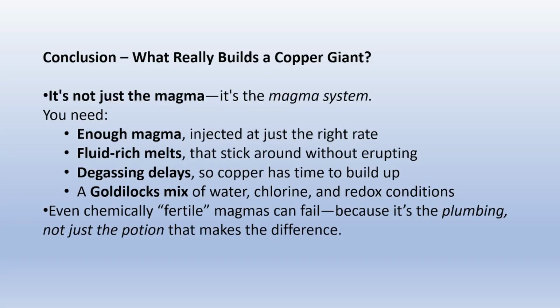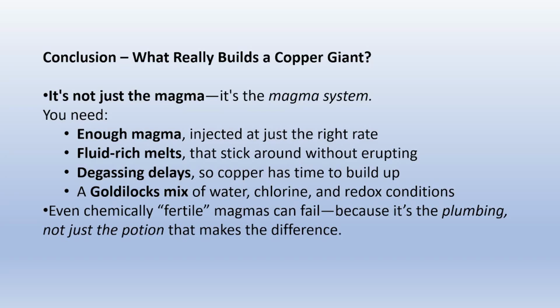You need enough magma injected at just the right place, and you need fluid-rich melts that stick around without erupting too soon. You need delayed degassing so copper can concentrate, and a carefully balanced combination of water, chlorine, and oxidation state. Because even fertile magmas can fail if the plumbing is not right.